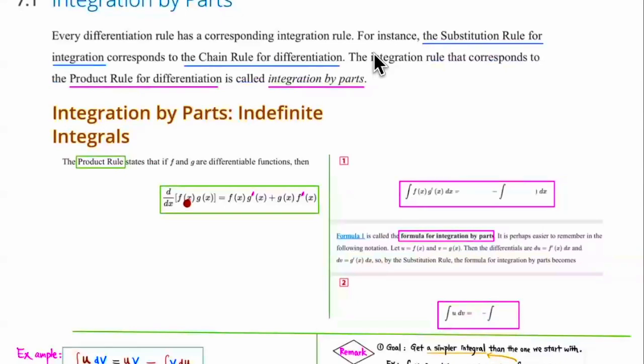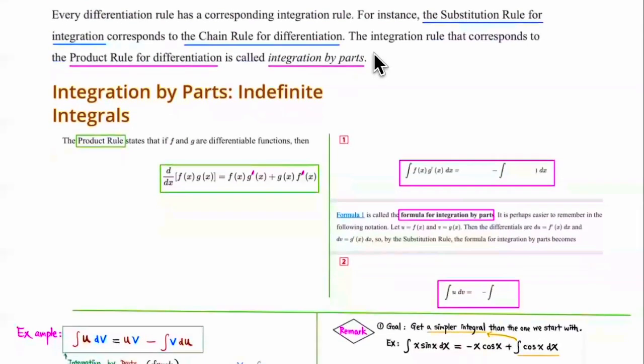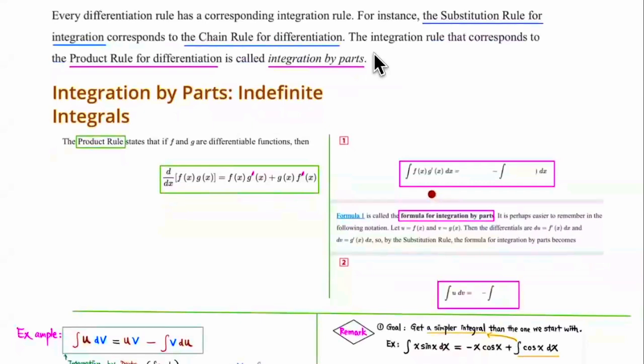This is the differentiation, and the corresponding integration rule is actually integration by parts. Anybody remember the integration by parts formula?